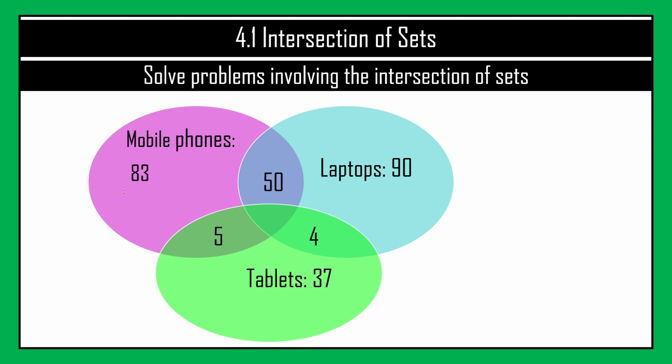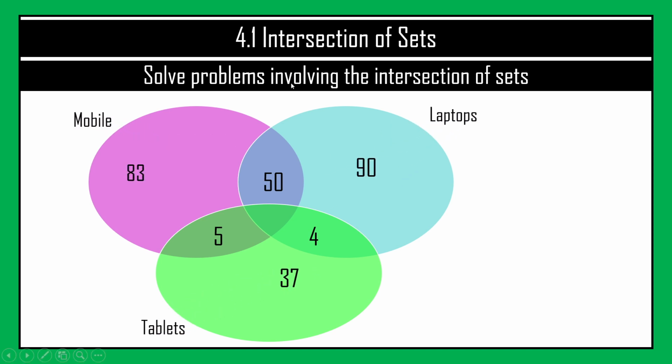Now that we have this information, we need to readjust the 90 and the 37 numbers, because there is other information that has already come out. Okay, 90 was overall here.